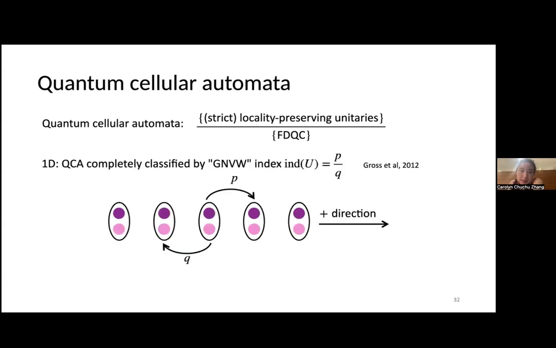And in 1+1D, this classification of locality-preserving unitaries modulo finite depth quantum circuits was completely classified in a paper by Gross et al. in 2012. And they gave a GNVW index, these are the authors, that takes as input a locality-preserving unitary and pops out a rational number p over q.